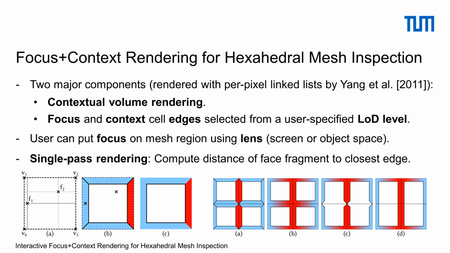The user can put focus on a mesh region by using a screen space or object space lens. Both the volume and the edge rendering are done in one single rendering pass. We compute the distance of a fragment to the closest face edge and consider the fragment to belong to an edge if it is close to an edge and not discarded due to the use of the LOD structure.